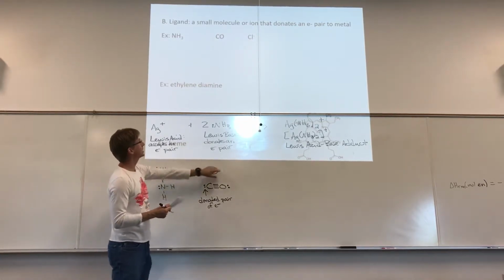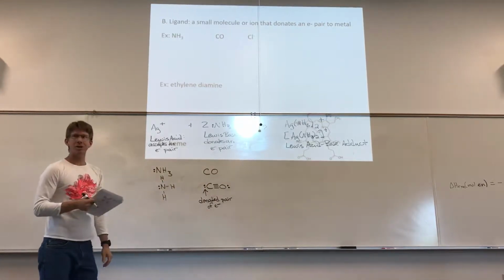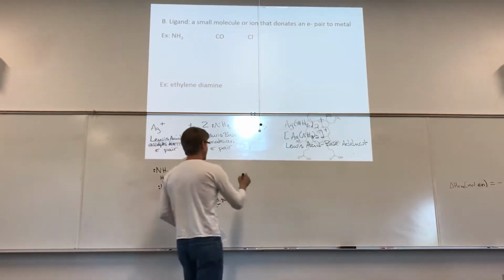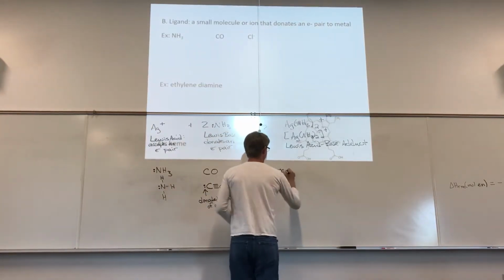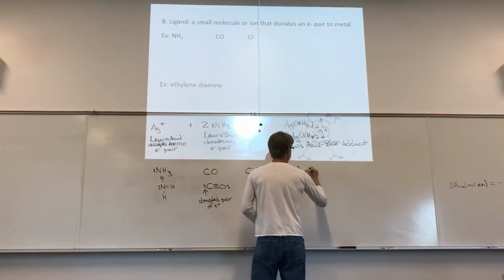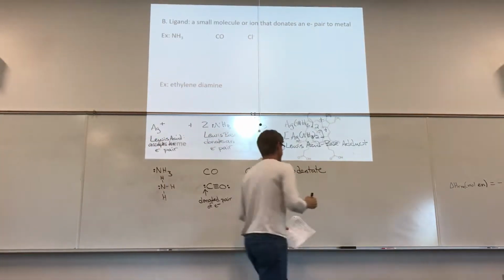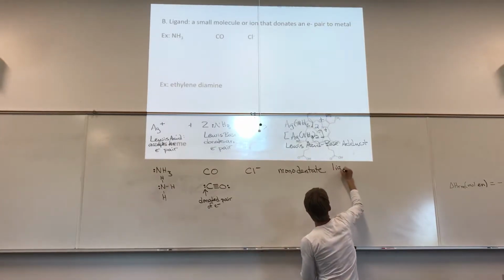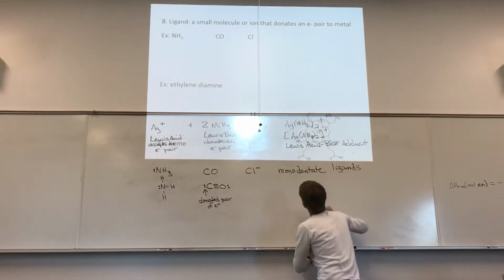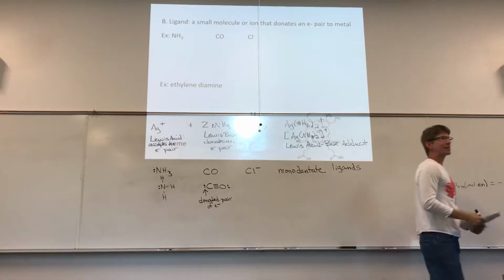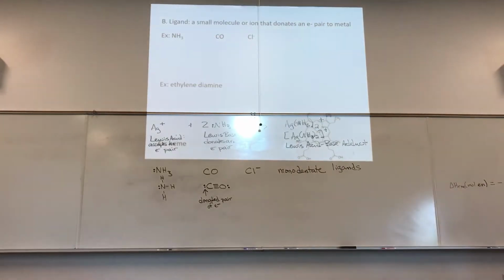Ammonia, carbon monoxide, and chloride are called monodentate ligands. One of the many things I love about chemistry, certainly over biology, is that when you see a term like monodentate, you know what mono means. It means one.